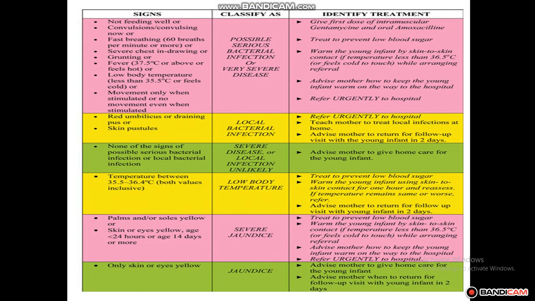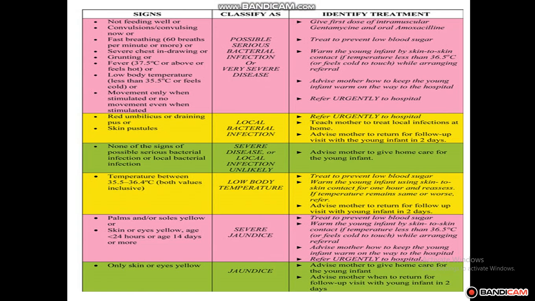And then comes jaundice. If it is severe jaundice, usually the skin and soles will be yellow, eyes and skin will be yellow, and our treatment is to prevent low blood sugar, warm the child, and always check the temperature frequently.